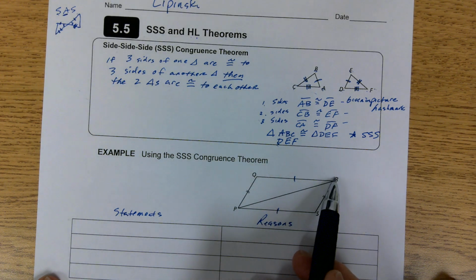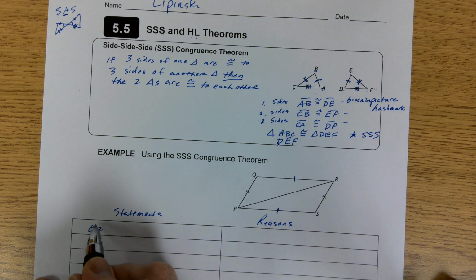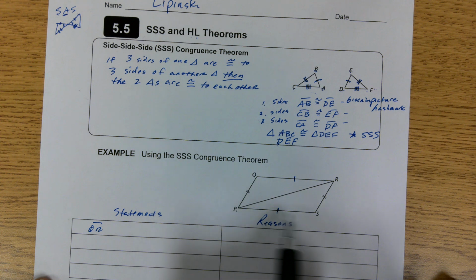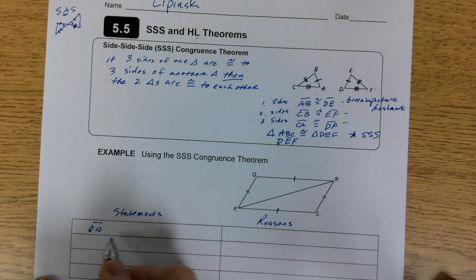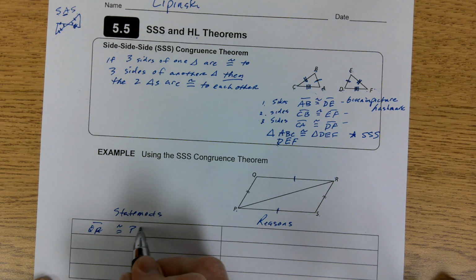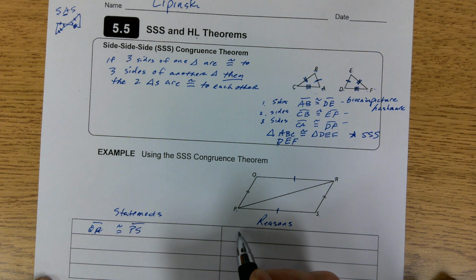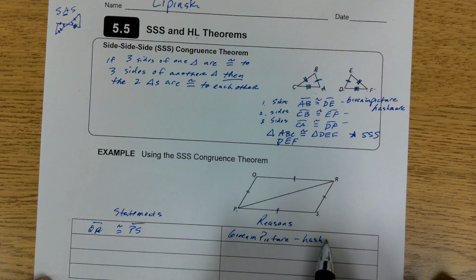That means side QR must be congruent to side PS. That's what the 1 hash mark means. Why do I know that? It's given in the picture. The hash marks are telling me those 2 sides are congruent.